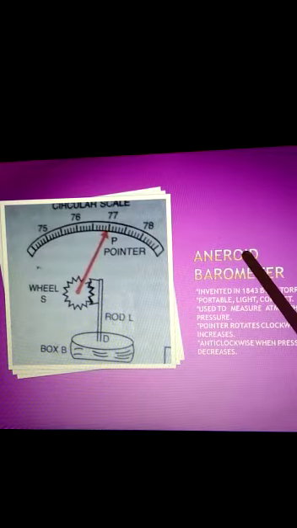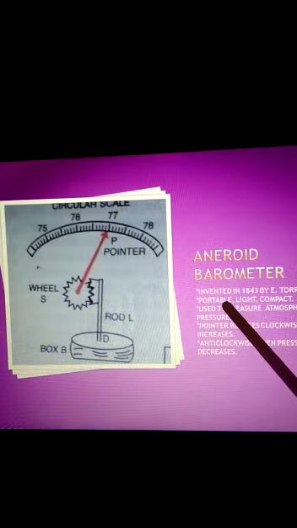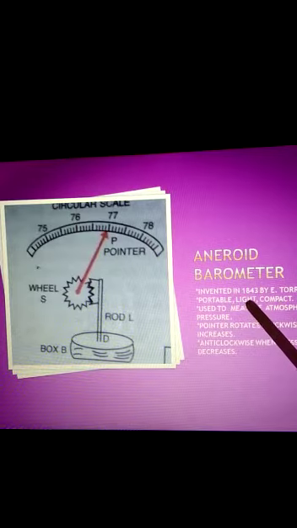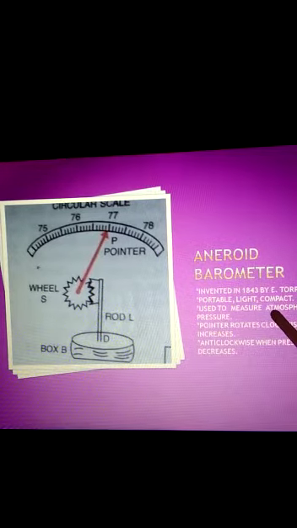Aneroid means dry. There is no use of liquid here. It's very portable, easy to carry, small in size, lighter in weight and compact. So it's easy to carry from place to place. It's also used to measure the atmospheric pressure.